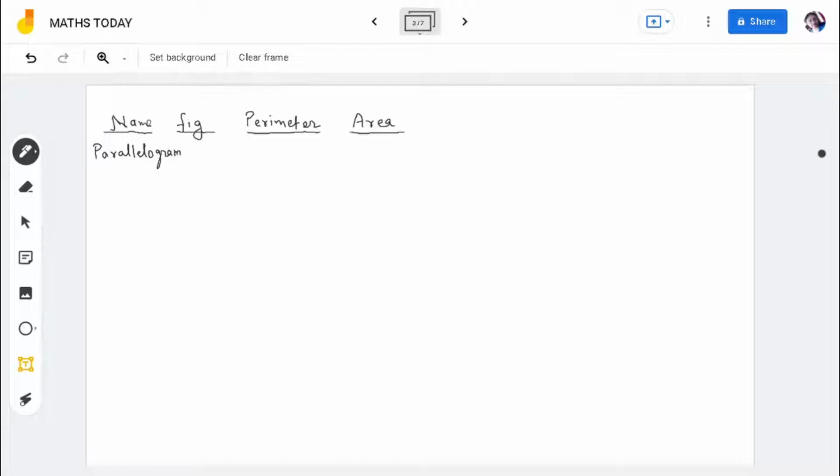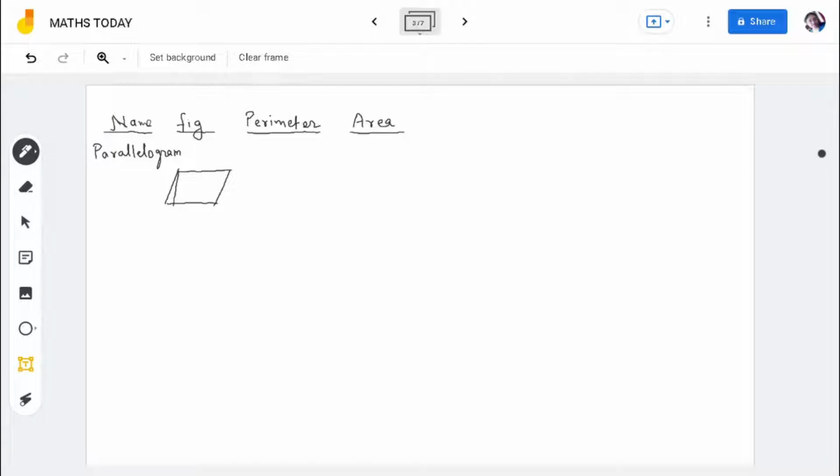So let me make the figure first. So this is a parallelogram and we have the base. If I am taking this one as base, this is the height of the parallelogram. Height means the distance between the two parallel lines. If I am taking this one as my base, this is the height and this will be perpendicular height.